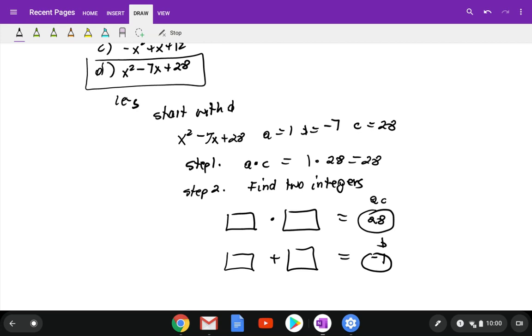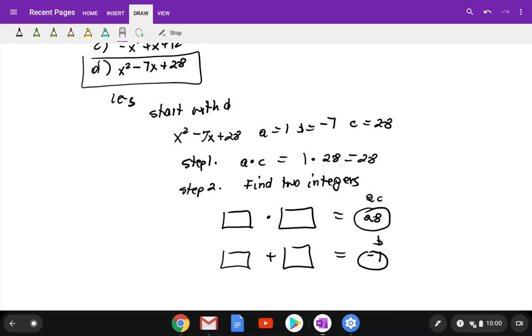So let's find them and see what's going to work. 7 times 4 is 28. However, 7 plus 4 won't give you negative 7. So it's not going to work.